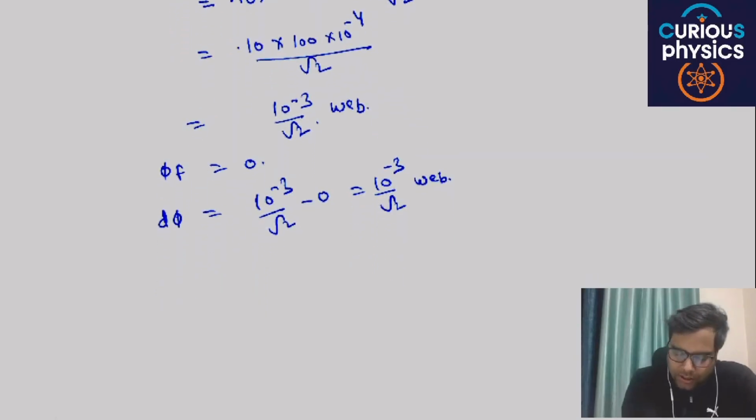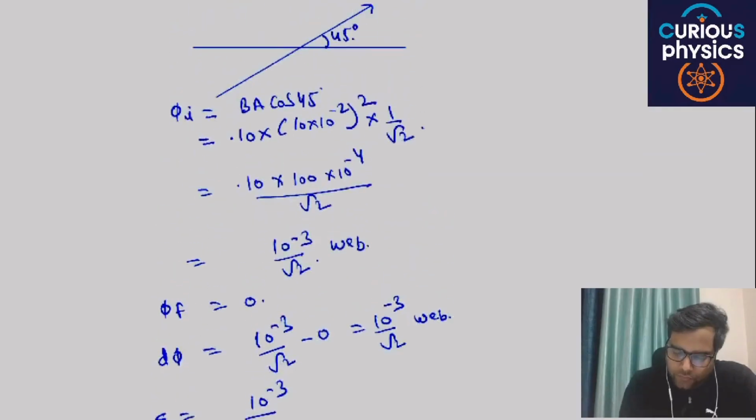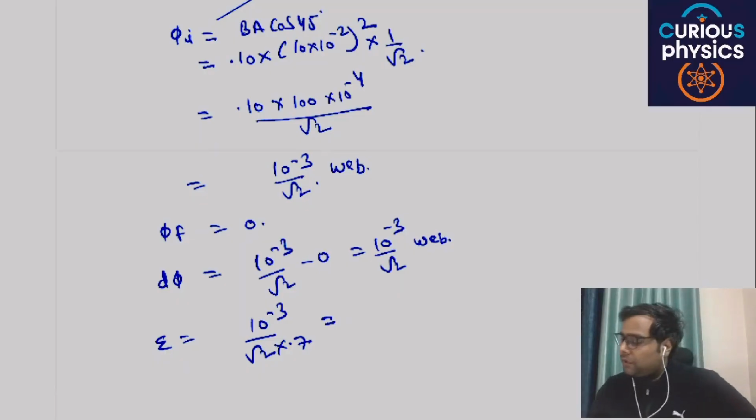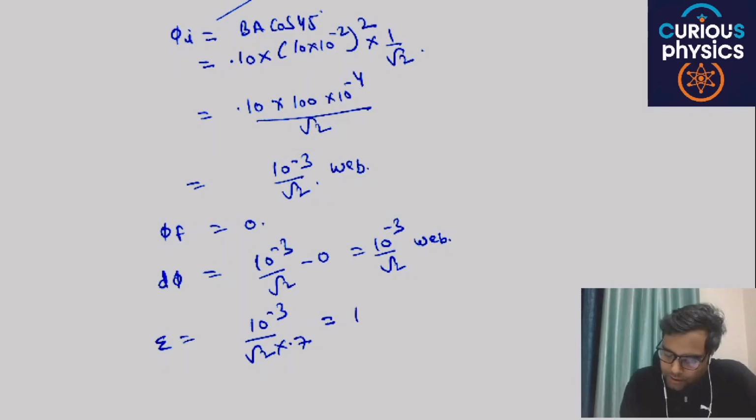Then induced EMF will be d phi by dt, 10 raised to power minus 3 by root 2, and the value of time is 0.7. After solving, this will come out to be 1 millivolt, 10 raised to power minus 3 volt.